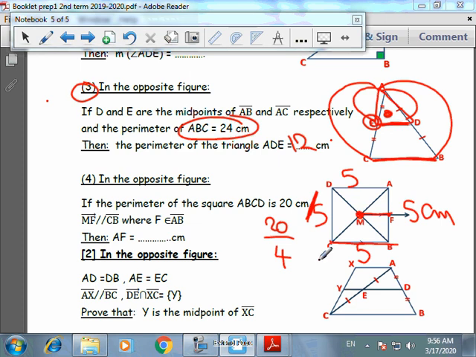As we said before, the diagonals bisect each other, so M is the midpoint of AC. Let's go back to our theorem. M is a midpoint and MF is parallel to BC, so F is also the midpoint of AB. So each part will take 2.5 centimeters, 2.5 up and 2.5 down.